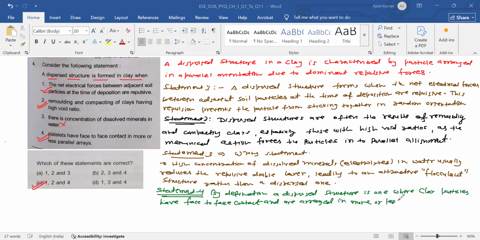So according to these explanations, statements 1, 2 and 4 are correct, so option C will be the answer.